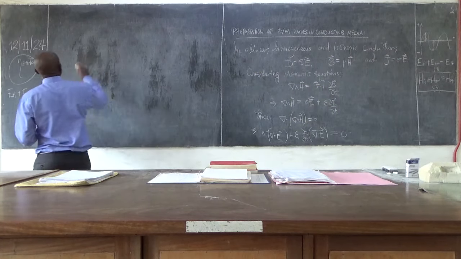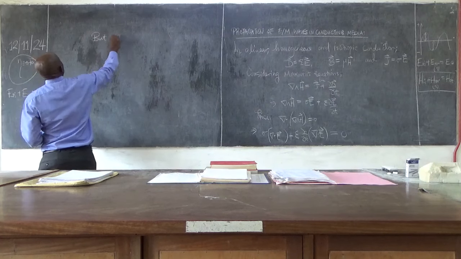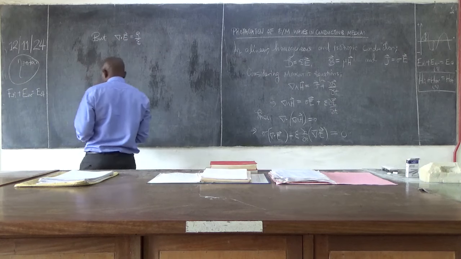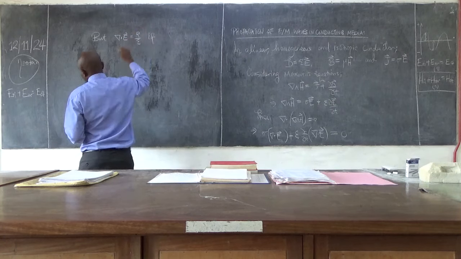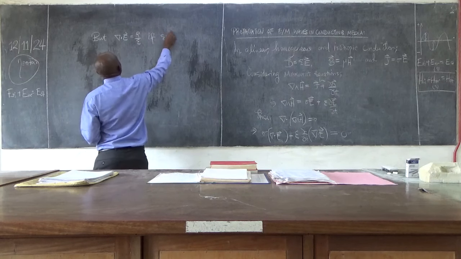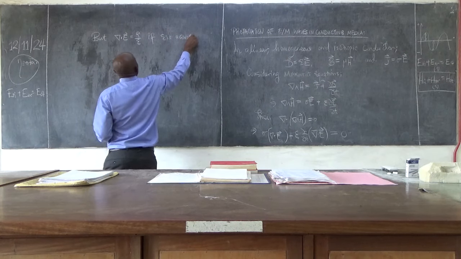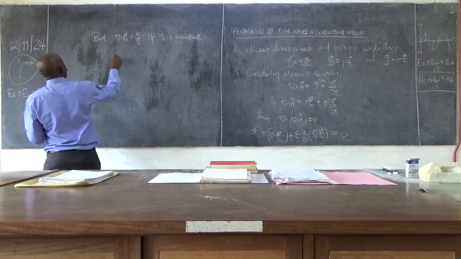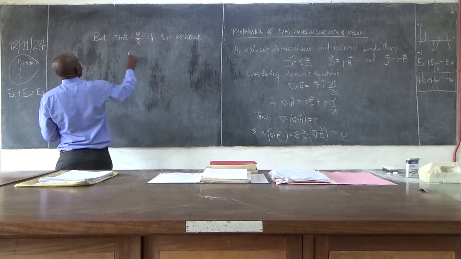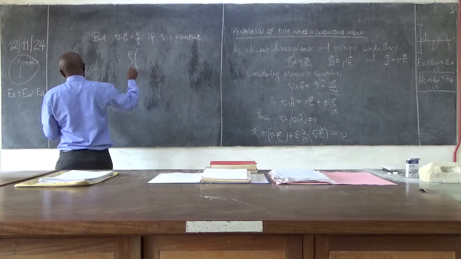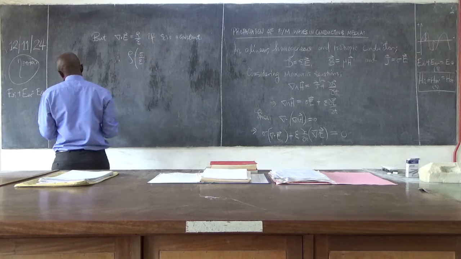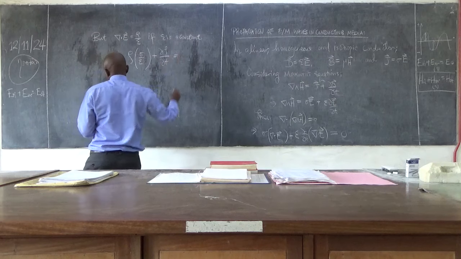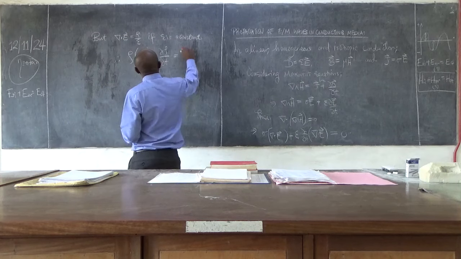Gauss says that this is equal to rho over epsilon, if epsilon is a constant in our homogeneous medium. Therefore, we will have that sigma rho over epsilon plus ∂rho/∂t will be equal to 0.